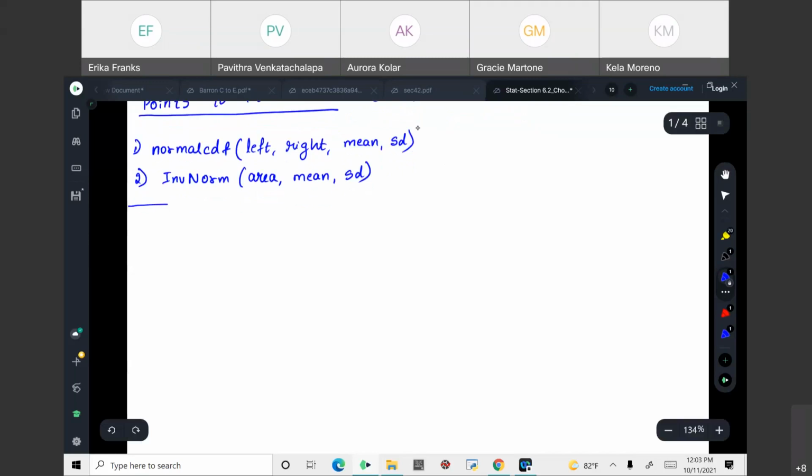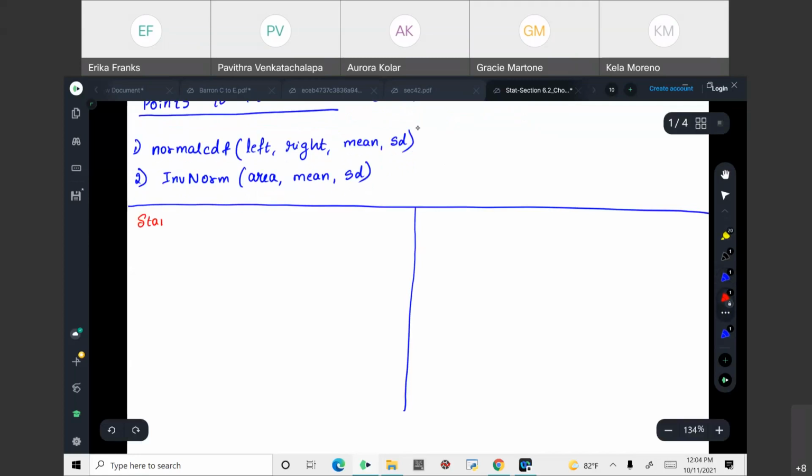Remember, chapter 6 is all about a standard normal distribution and a normal distribution. Standard normal distribution. Next, what we have is normal distribution.